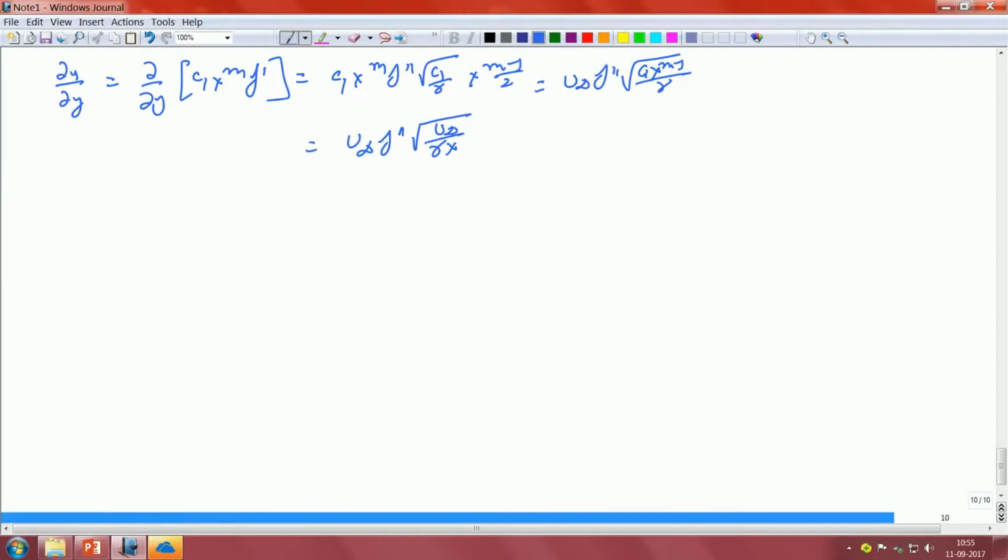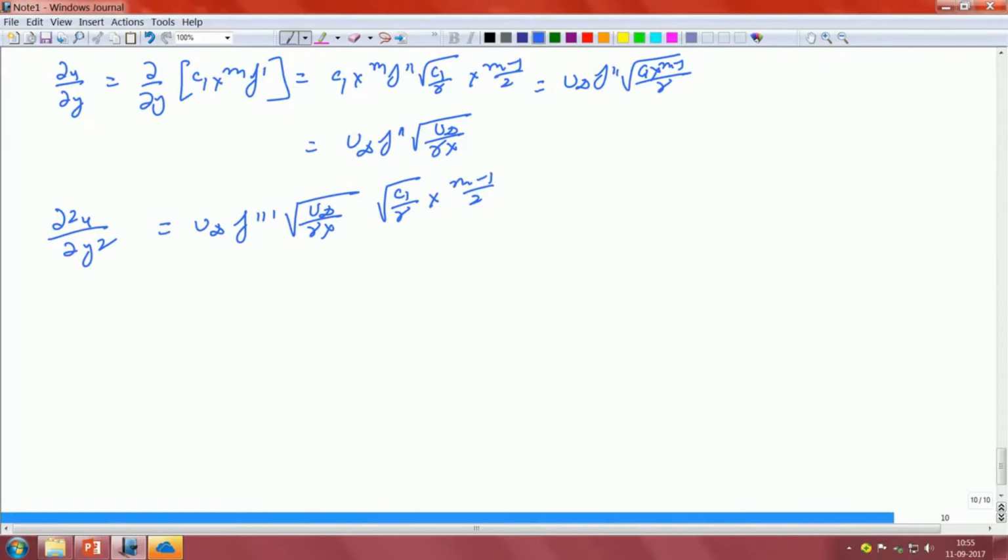So, that is the first derivative. Similarly, okay, that is the other term.